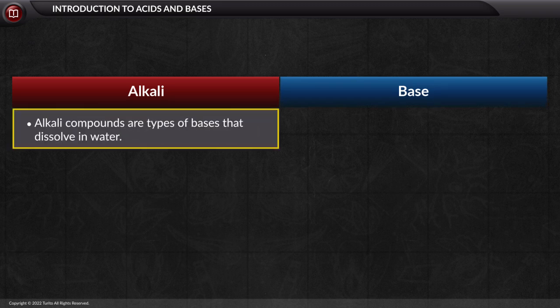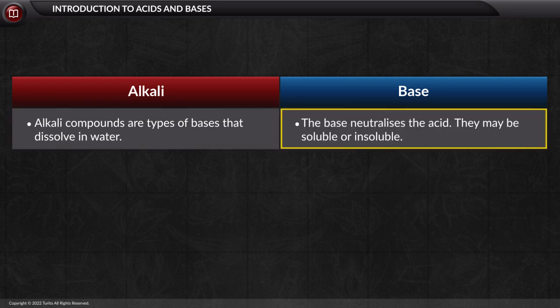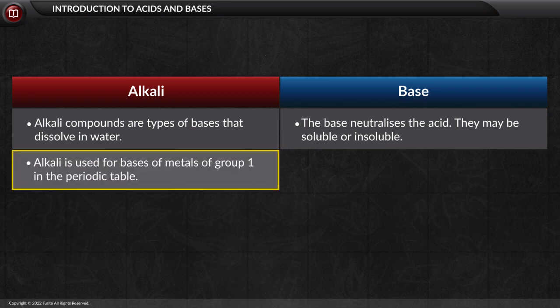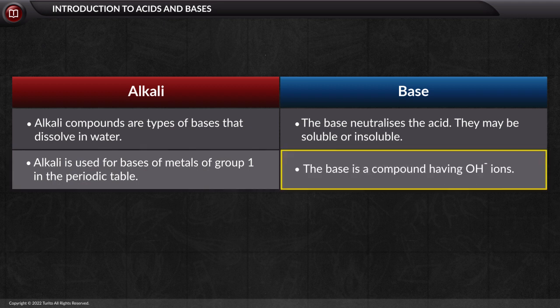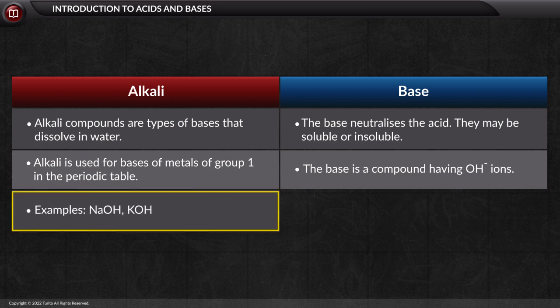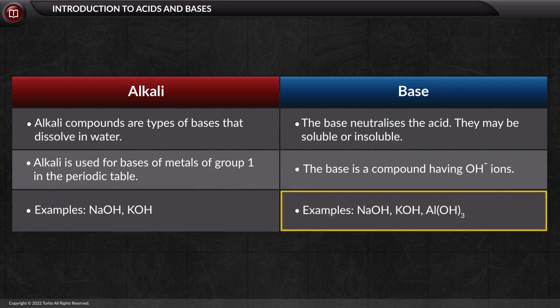Alkali compounds are the types of bases that dissolve in water, whereas the base neutralizes the acid. Alkali is used for bases of metals of group 1 in the periodic table, whereas the base is a compound having OH- ions. Examples of alkali are NaOH, KOH, and examples of bases are NaOH, KOH, Al(OH)3.